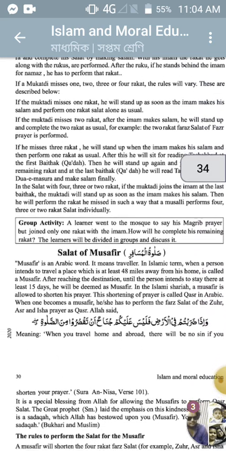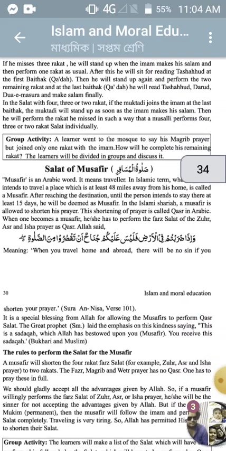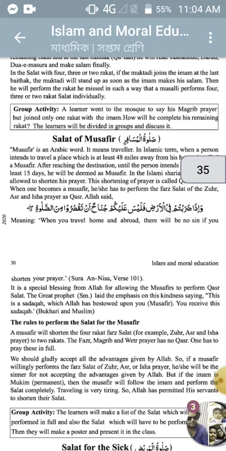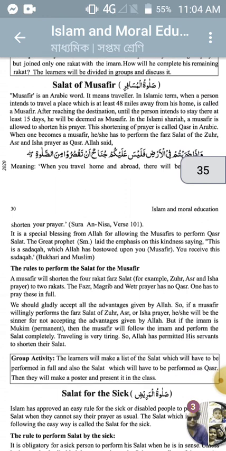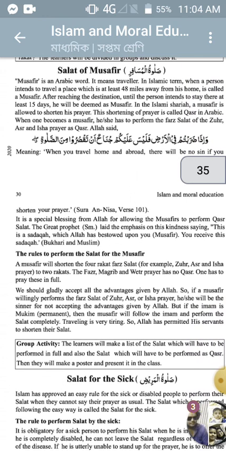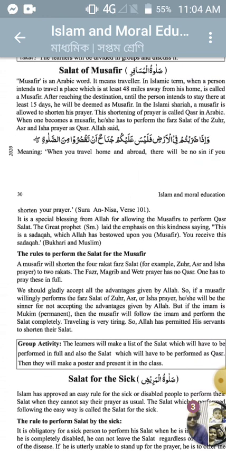Now we will discuss the salat of musafir. Dear students, you know that this is a very important point for every Muslim. Musafir is an Arabic word. It means traveler. In Islamic terms, when a person intends to travel to a place which is at least 48 miles away from his home, he is called a musafir.